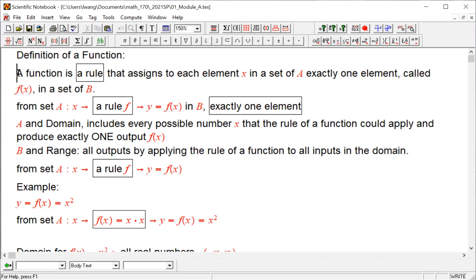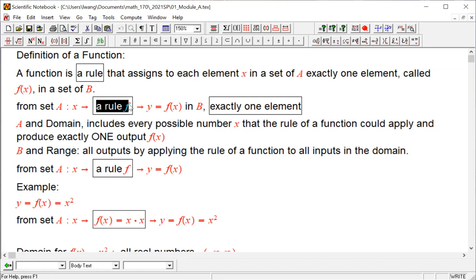A function is a rule that assigns to each element, every one, in a set A, exactly one element called f of x in the set B. What this means is that a function is a rule.